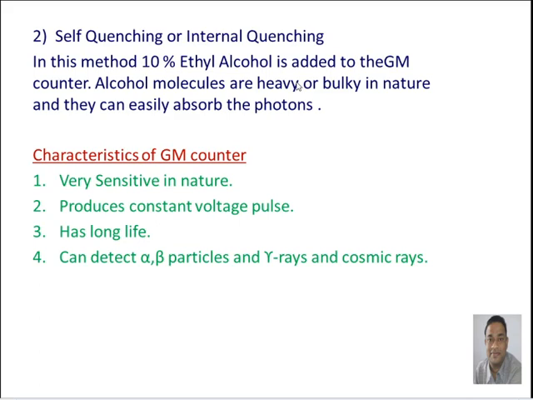So now let's see what are the important characteristics of the GM counter. The GM counter, as I have mentioned, is very sensitive in nature. It can record up to 10,000 counts per second. It produces a constant voltage pulse. It has a very long life. It can detect charged particles like alpha particles, beta particles, and gamma rays, as well as cosmic rays.